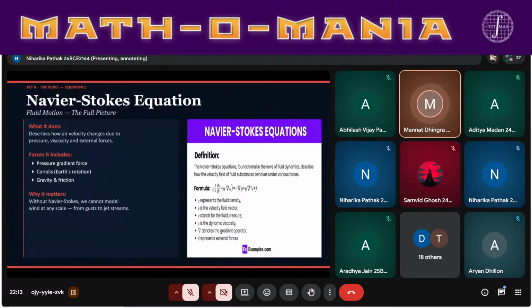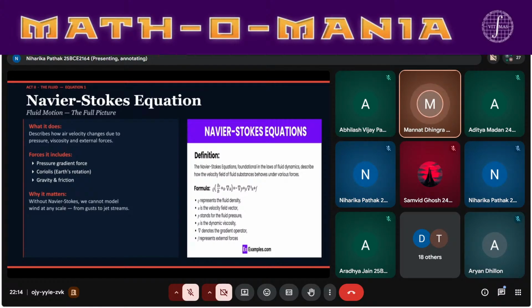Over here, I'll explain the terms. Rho again represents fluid density, as we know. Then, in the bracket, dou u by dou t, which is the change in velocity with respect to time at some fixed position, plus u, the velocity field vector, into the divergence, the del operator, as we know. So del of u, we use the divergence operator here again, and u is again the velocity field vector.